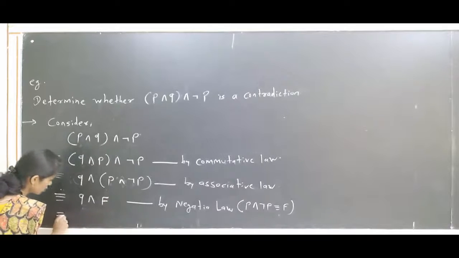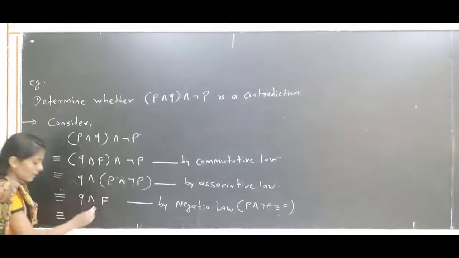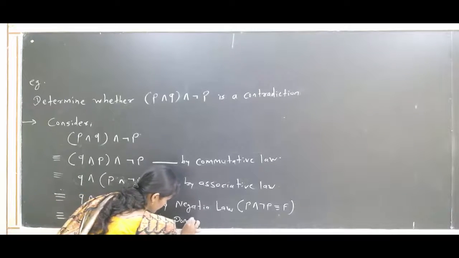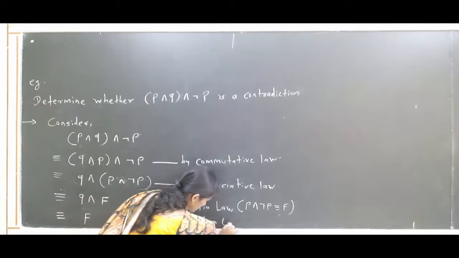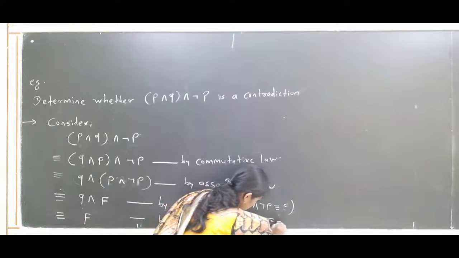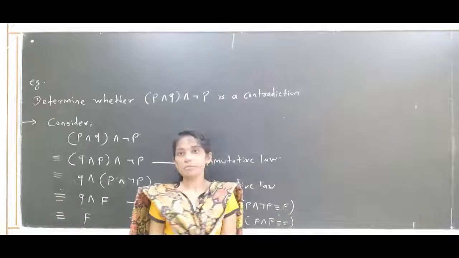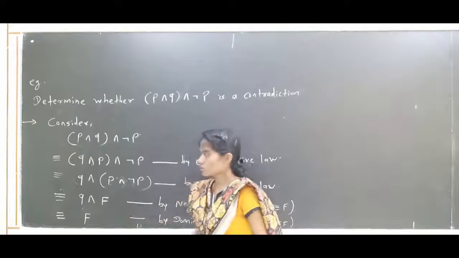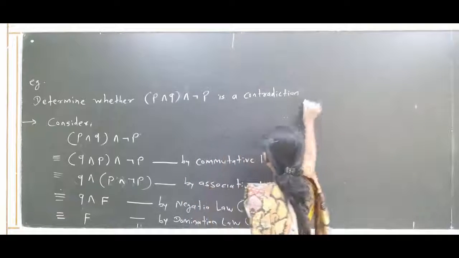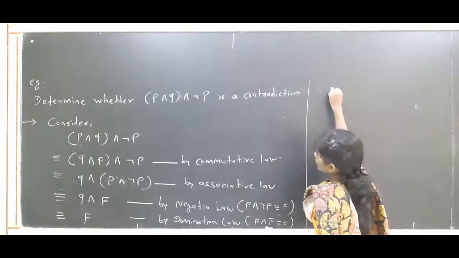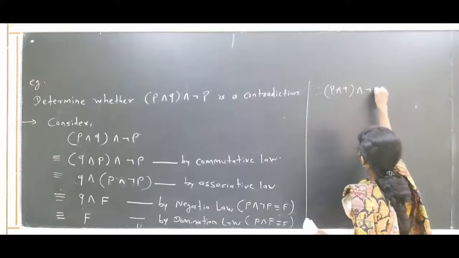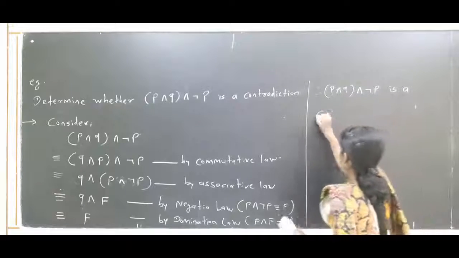And by domination law, Q conjunction F is again F. Domination law is P and F equivalent to F. So here we get the truth value of this compound proposition as false. Hence the given compound proposition is a contradiction. So write down: therefore P and Q and negation P is a contradiction.